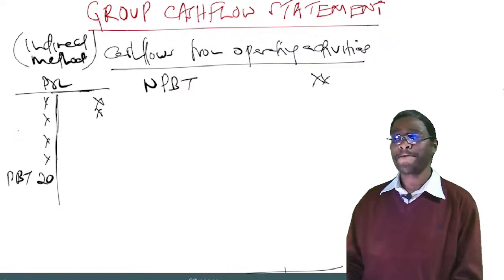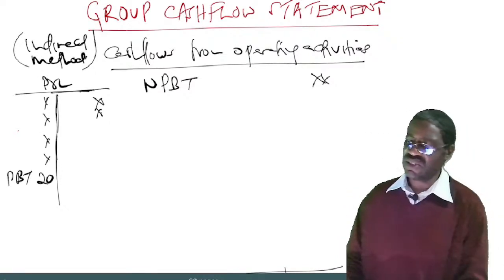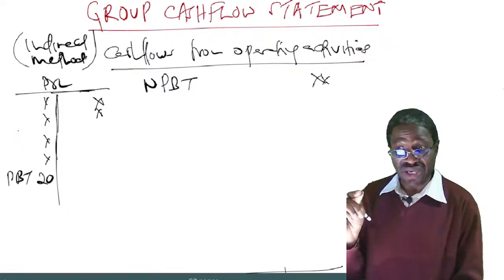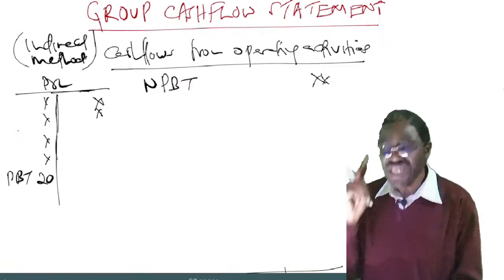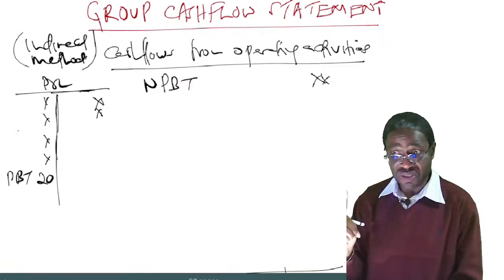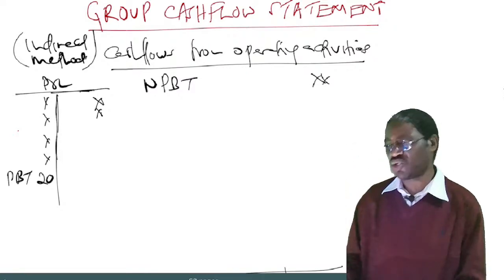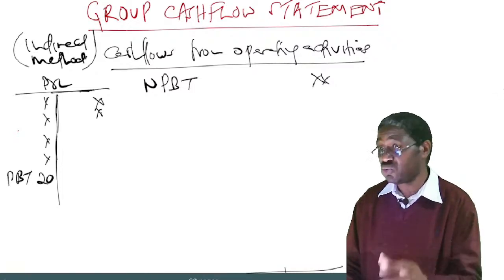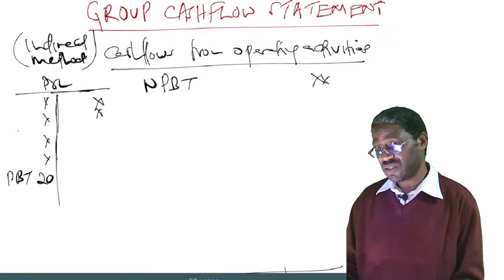Listen, I have said operating activities are those transactions that are used in the determination of profit. Any transaction that is used in the determination of profit, that transaction is what we refer to as an operating activity.